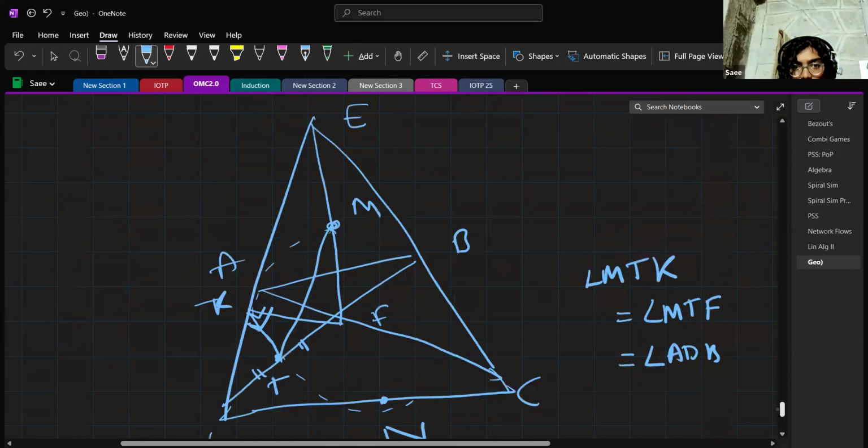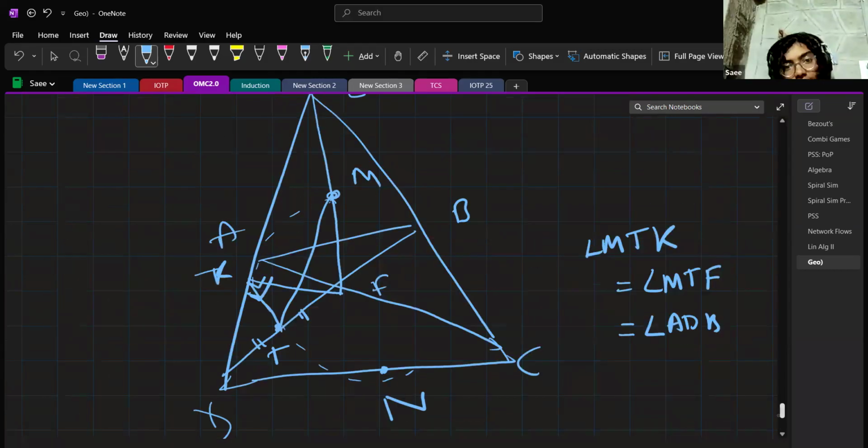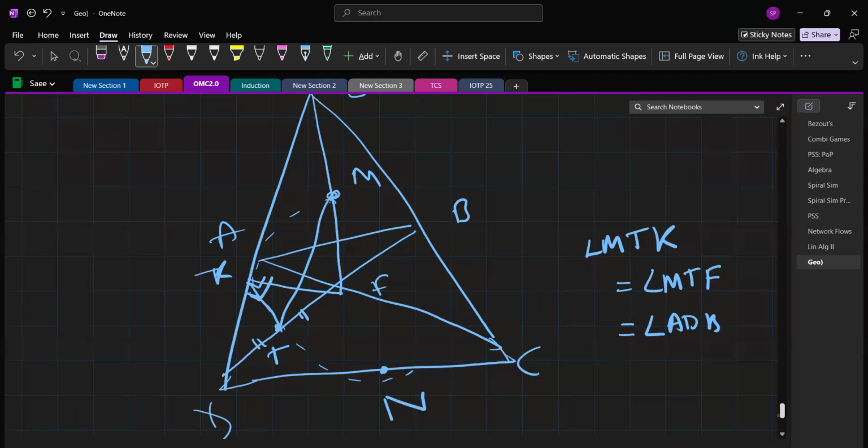But that's okay. So we get MPK. Yes, so we can compute MTK, and that turns out to be equal to MTF, which is just equal to ADB, because again, parallel things.